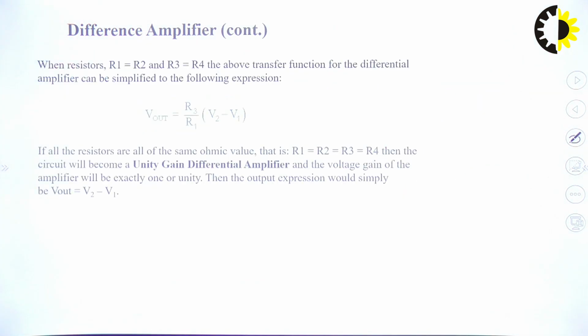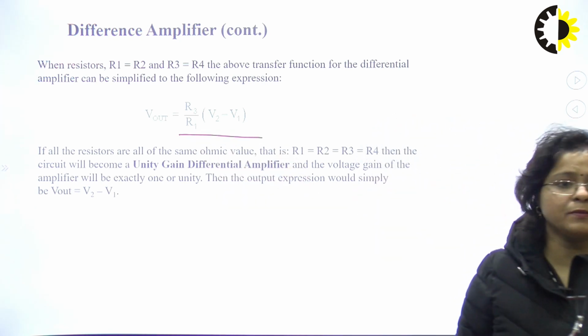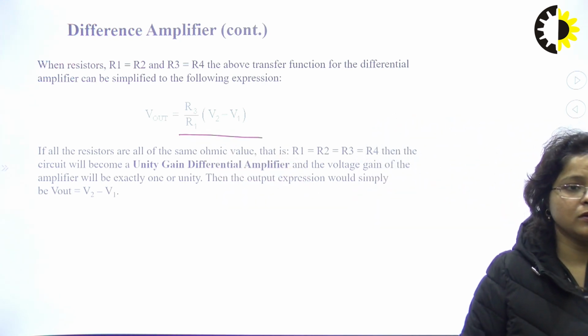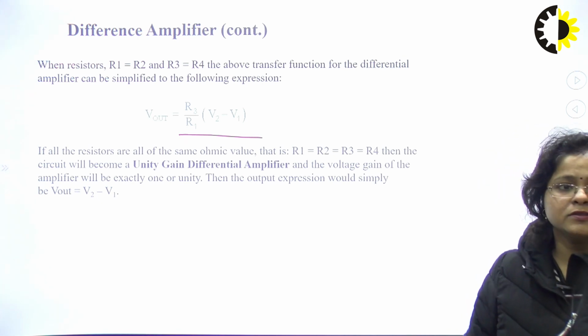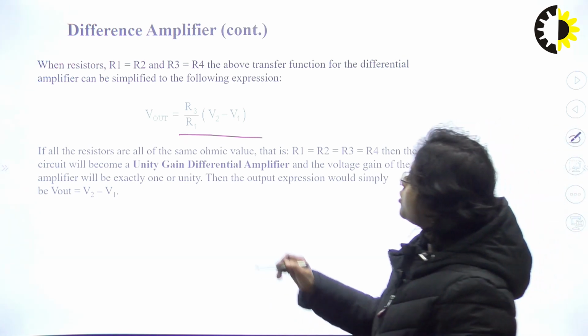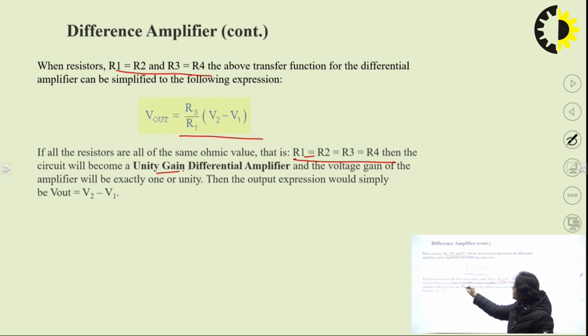We take the common factor and get V out as R3 by R1 into V2 minus V1. And if we make all the resistance values equal, then this gain will be unity and it is called a unity gain differential amplifier.